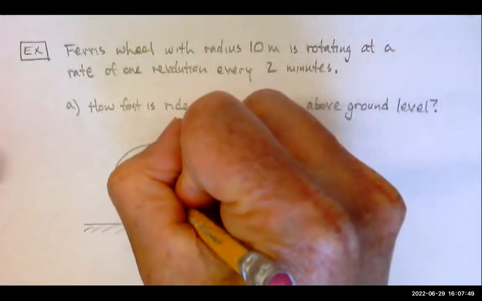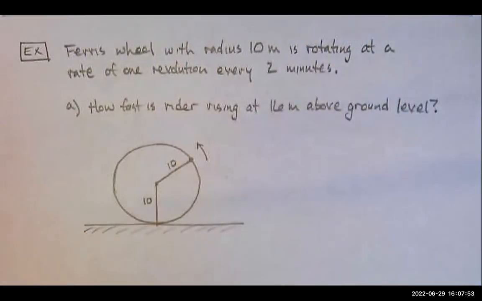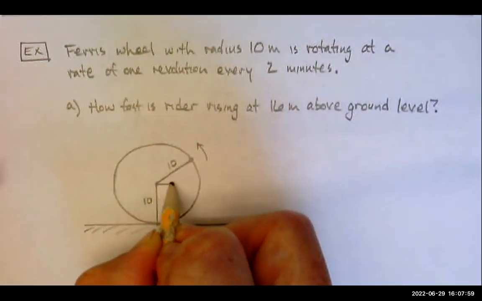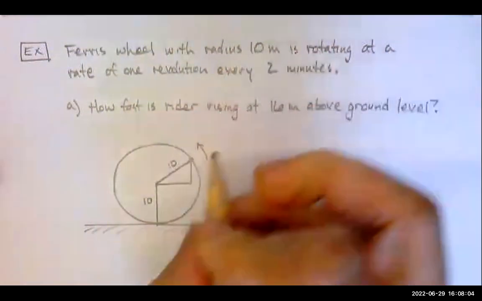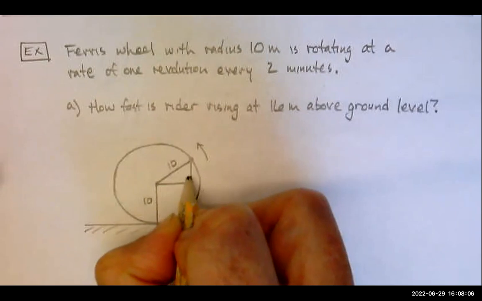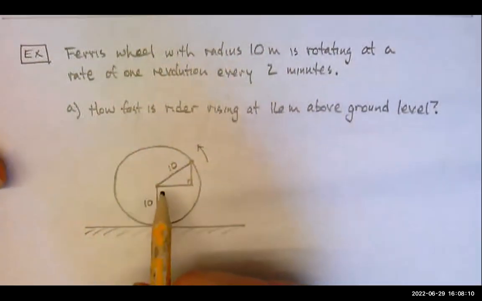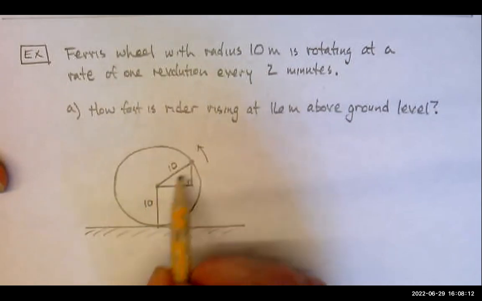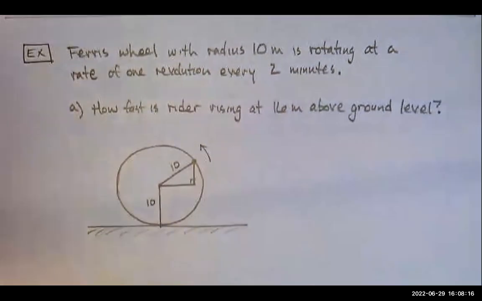That's also the distance straight down to the ground. I don't know if that will be helpful or not. Then let's make a little right triangle right there, connecting the center of the Ferris wheel up to where they're sitting.